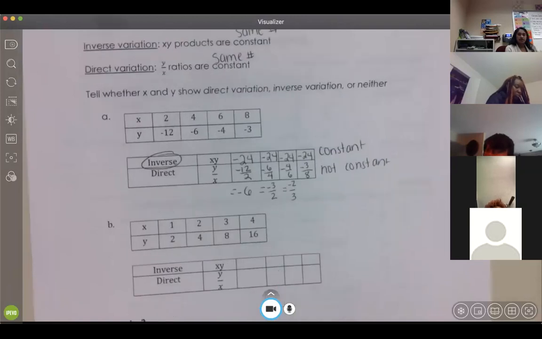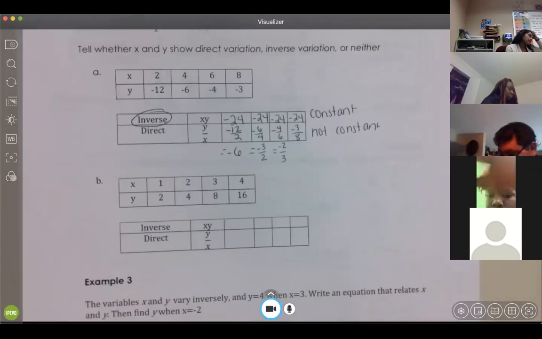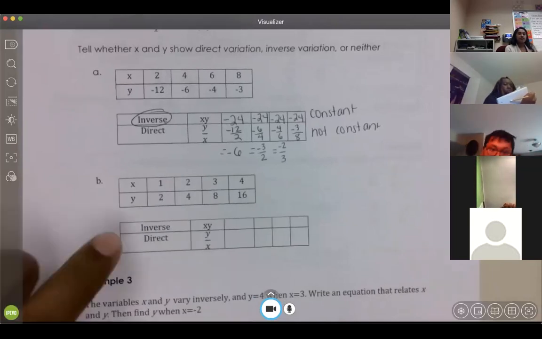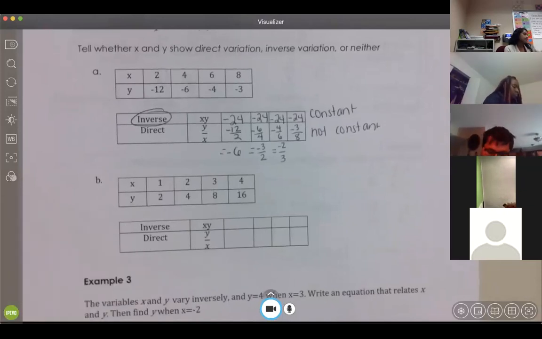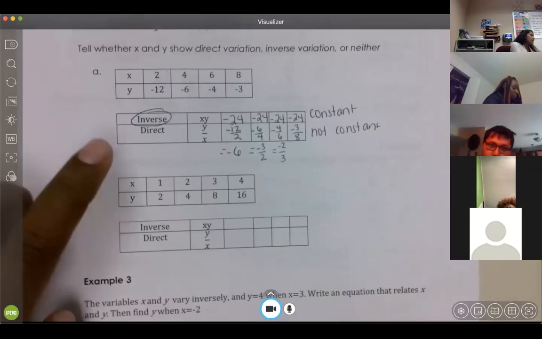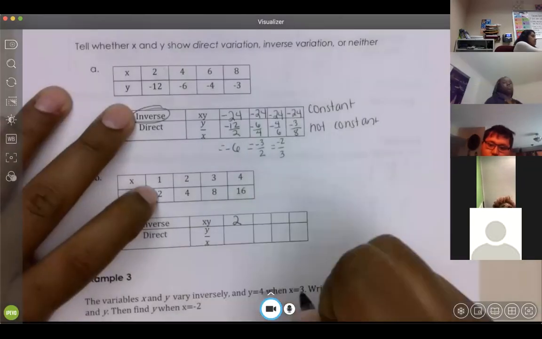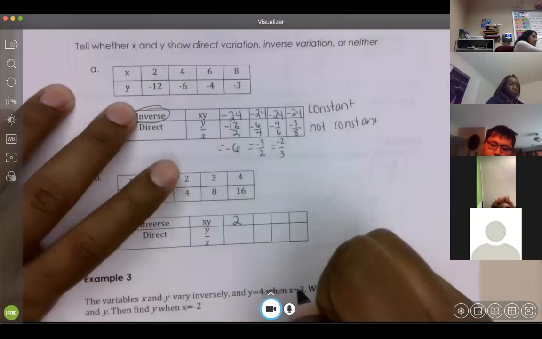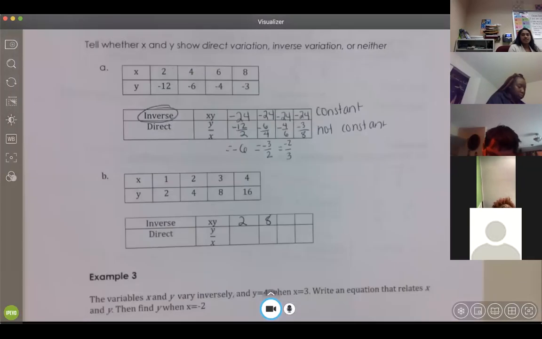All right, let's look at part B. We've got our table up here and our inverse and direct tables below. For inverse, we have to multiply our x and y together and make sure that it's constant. So let's go ahead and do 1 times 2, which is 2. 2 times 4, which is 8. I already know that this is not going to be constant because I don't have the same number.